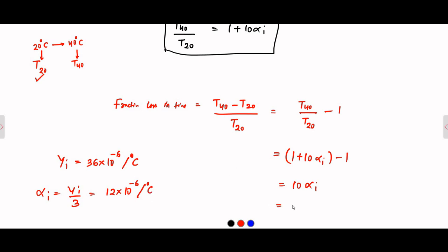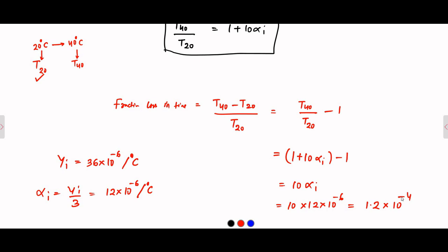So here it becomes 10 into 12 into 10 to the power minus 6. So it is equal to how much? 1.2 into 10 to the power minus 4.